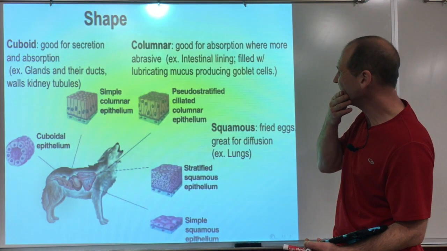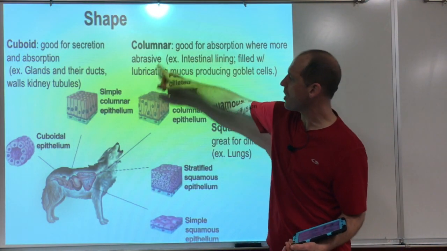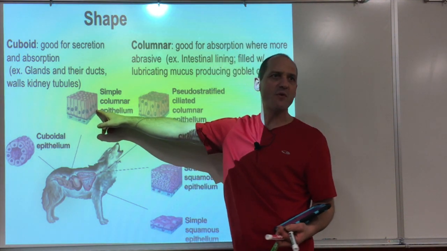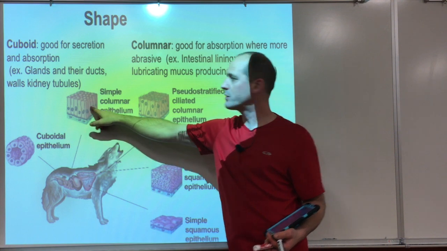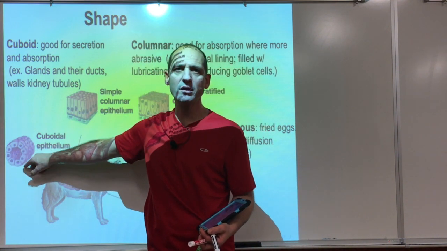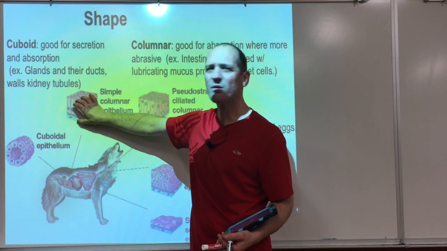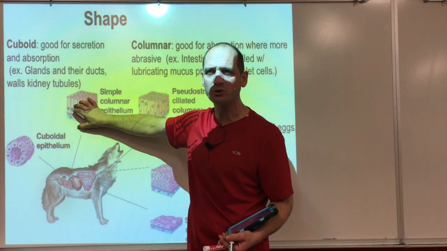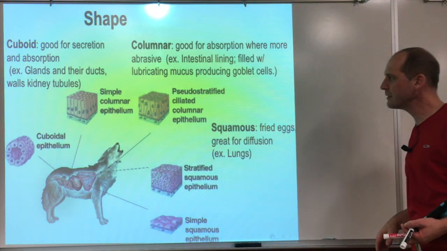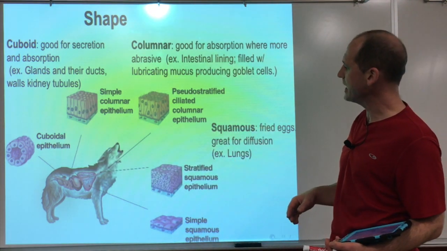So columnar, the column shapes are pretty good for things where there's a little bit more abrasion. These are good for liquid going through, like these in the kidneys. They're small, and these are longer, and they can take a little bit more abuse. So that's more where food is at. So maybe the gut lining is like that.